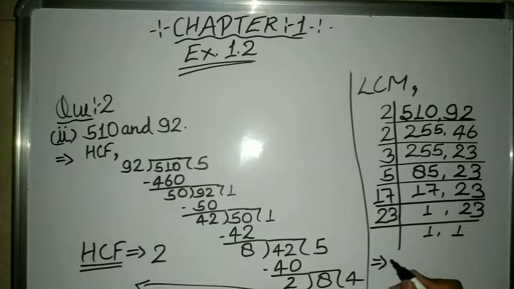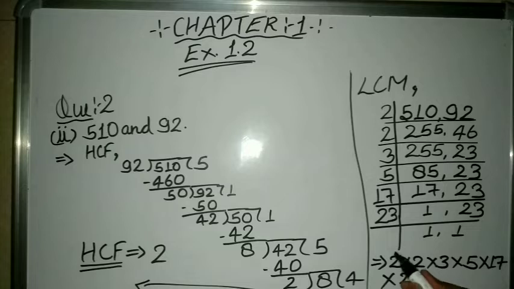Now we have to multiply to find the LCM: 2 into 2 into 3 into 5 into 17 into 23. So if we multiply them, we will see what our answer comes to. 2 2s are 4, 4 3s are 12, 12 5s are 60, and 60 into 17 is equal to 1020 if we solve it in our notebook.